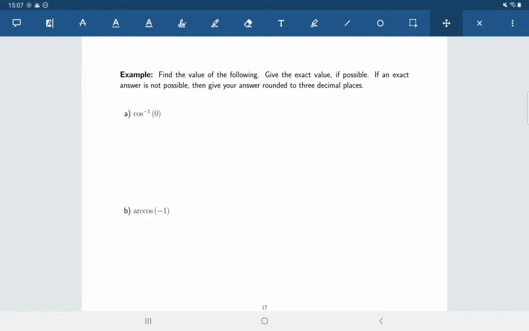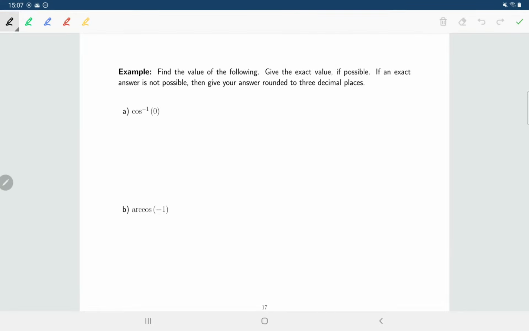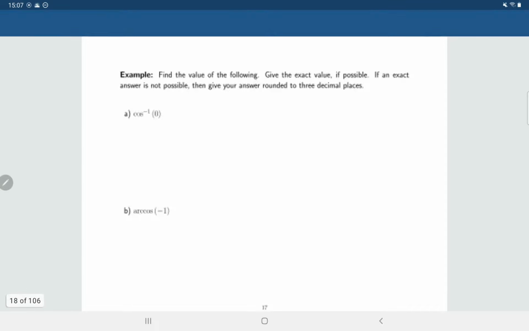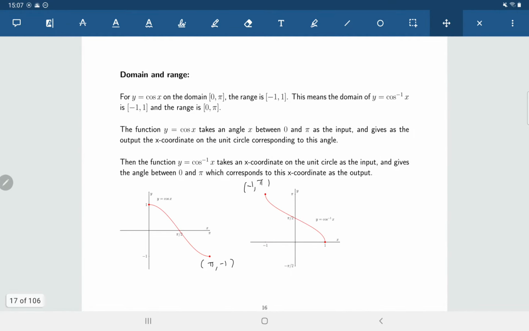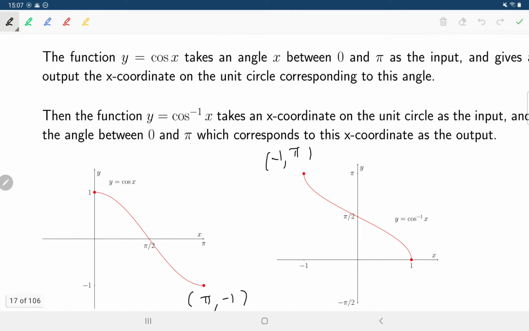Sometimes we'll be able to make reference to the graph of cosine. Sometimes we'll have to use a special triangle. Sometimes we'll need to use our calculator. For cosine inverse of 0, this again is an easy one to do if we know our graph. If we're thinking about the graph of cosine of x, you know that cosine of pi over 2 is 0.